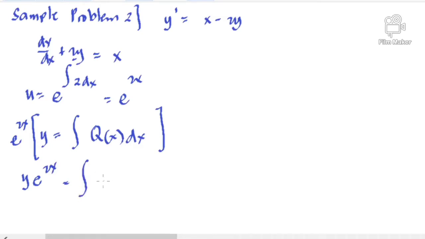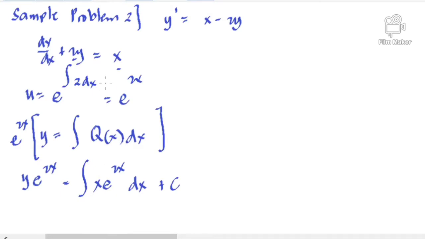The integral of, ano yung q of x natin? Ang q of x natin is x, di ba? So, ito. So, we have x e to the 2x dx. Okay. Plus c.